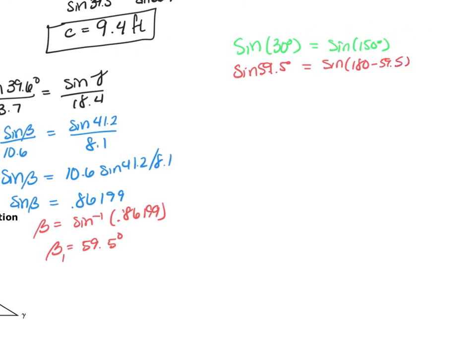So my 59.5 becomes a reference angle in quadrant 2. My beta sub 2 is going to be 180 minus the 59.5.